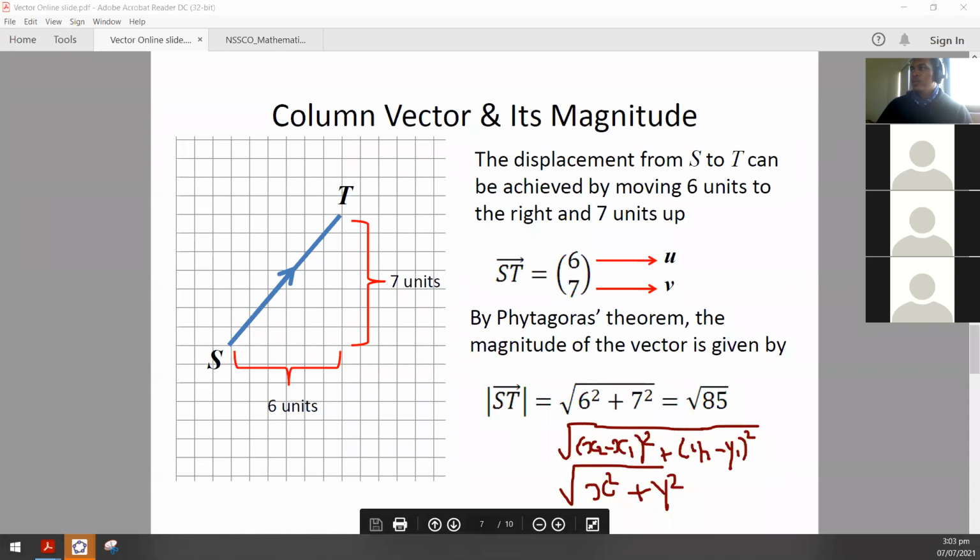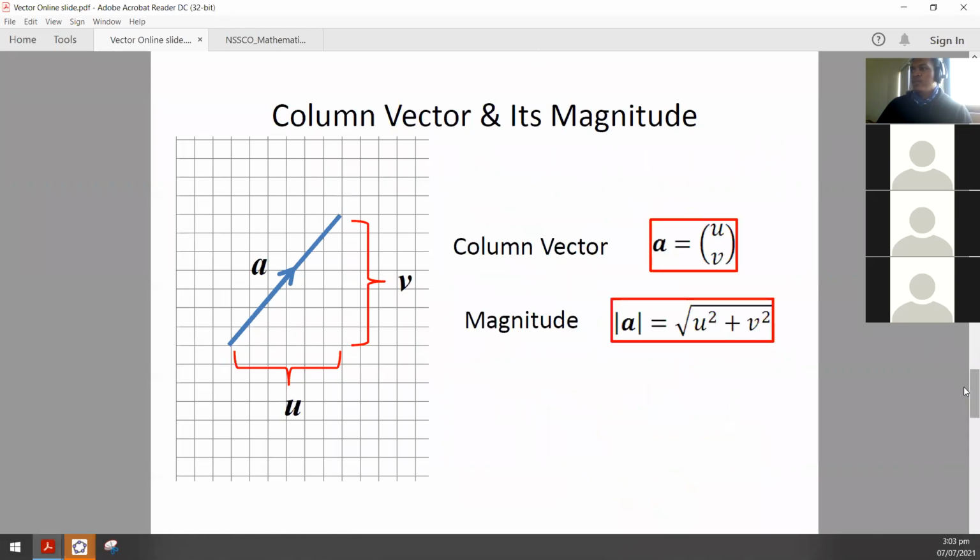We all have about 10 minutes or so left, so I hope I can complete this to get to the questions. What I just did is explain exactly what I did on the other side, and this is now giving it in a more scientific view, where we have a column vector A as u and v, right?